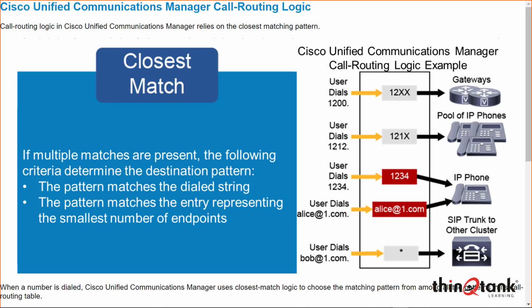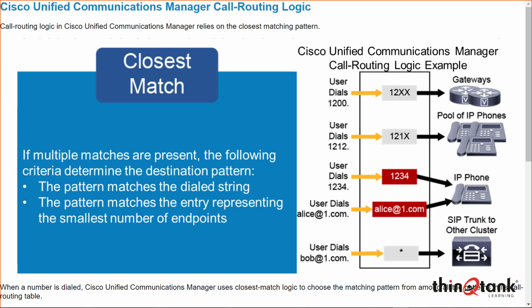A calling search space is essentially a list of partitions. The partitions are the phone books, and the patterns themselves go into those phone books. So if phone A has search space 1, and search space 1 has partition 1, 2, and 3, but the pattern happens to be in partition 4, we're not going to match against that particular pattern because it's not part of the phone books that particular phone has access to.